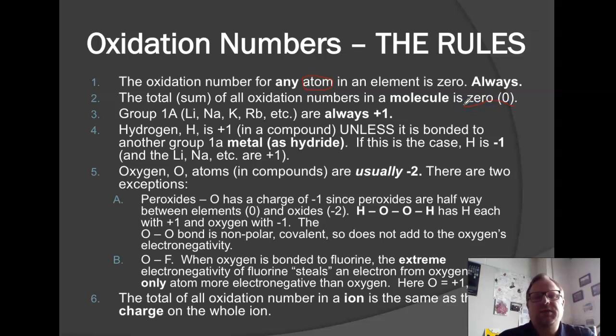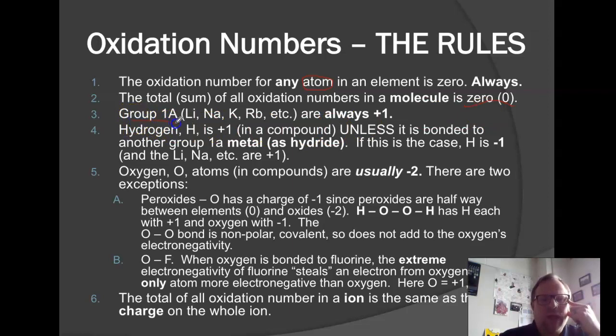For example, if we had water, H2O, and we added all of the oxidation numbers up in water, the sum will equal 0. Water doesn't have a charge, so its oxidation numbers total to 0.